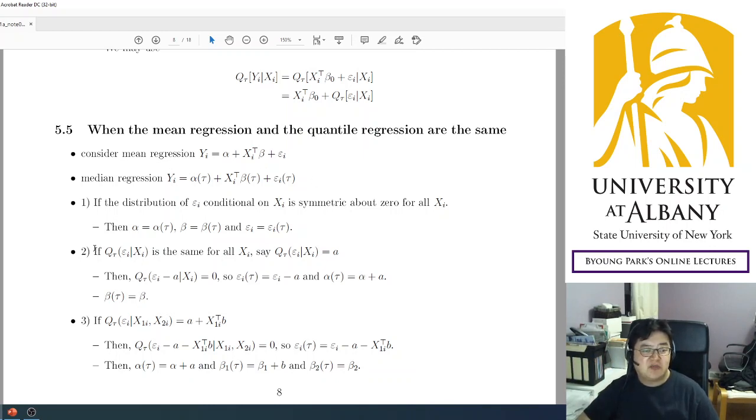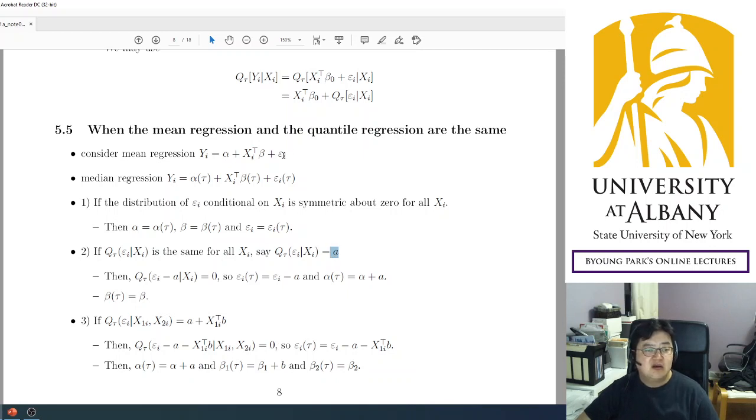Now think about this. Say the quantile of epsilon does not change as x changes. The conditional quantile is the same for all values of x. Suppose that we let this value be a.